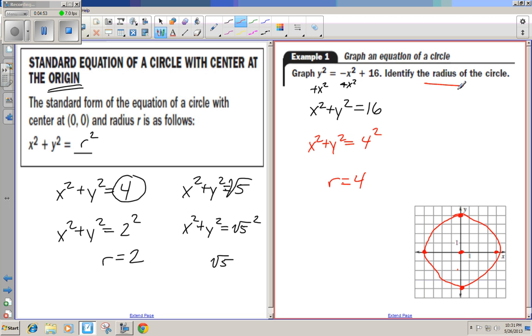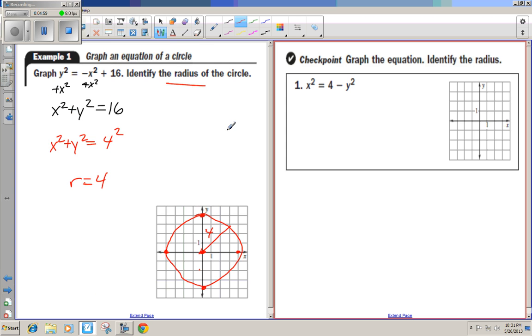So identify the radius of the circle. The radius should be 4. Now let's try this one out. Of course, it has to be in the standard form. So x squared plus y squared equals 4. Therefore, the radius is 2.